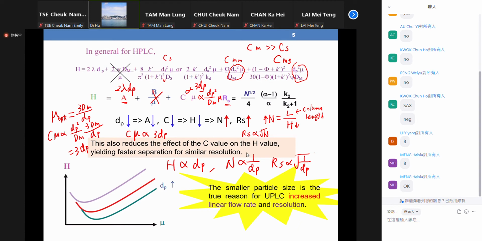And how about mu? Mu is proportional to 1 over dp. So if dp decreases, the velocity increases, right? If the column length is the same, the plate count is the same. How about the time for analysis?